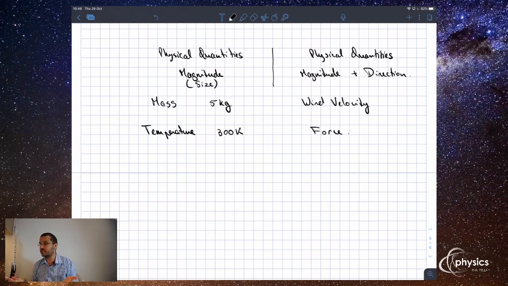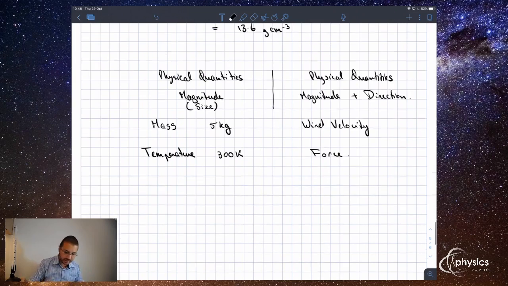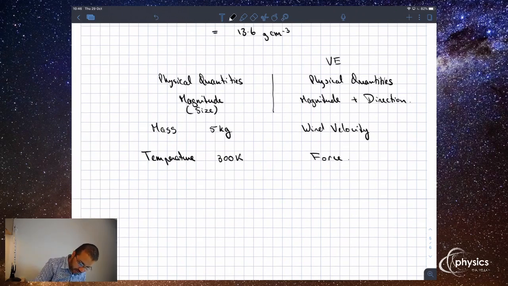It's completely different. These types of physical quantities, which need to be described by their magnitude and direction, are called vector quantities. The quantities which are described by their magnitude only, which do not need any direction, are called scalar quantities.